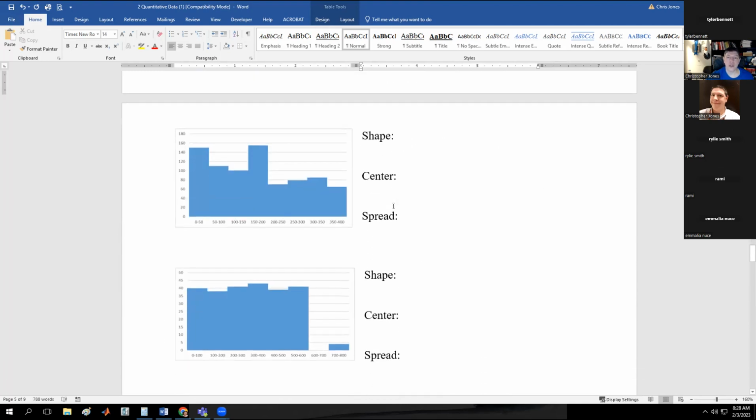All right, folks. What I'd like you to do is take about 2 or 3 minutes and see if you can identify the shape, center, and spread of these two graphs. After a couple of minutes, we'll reconvene and I'll ask you what you think.